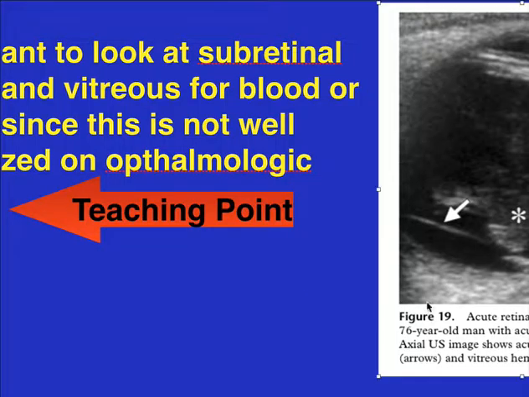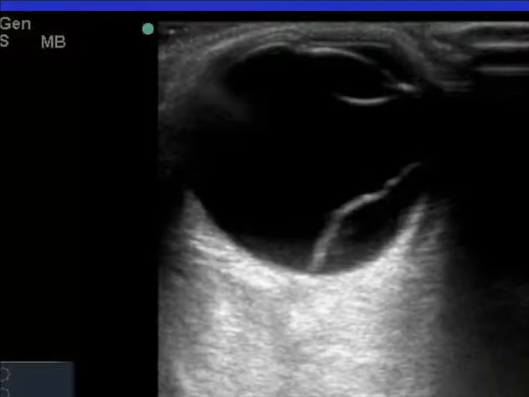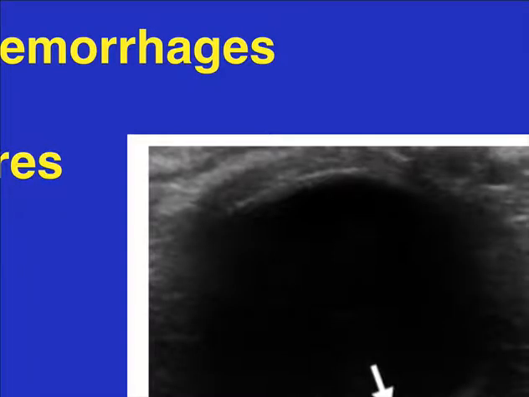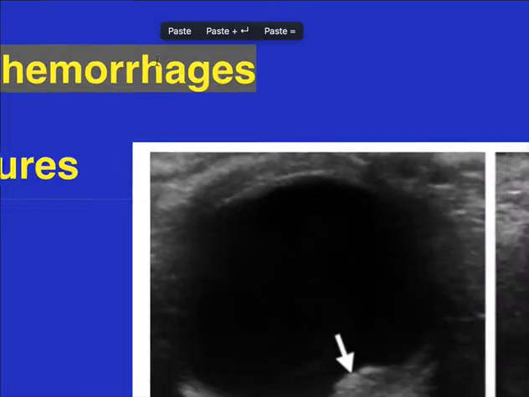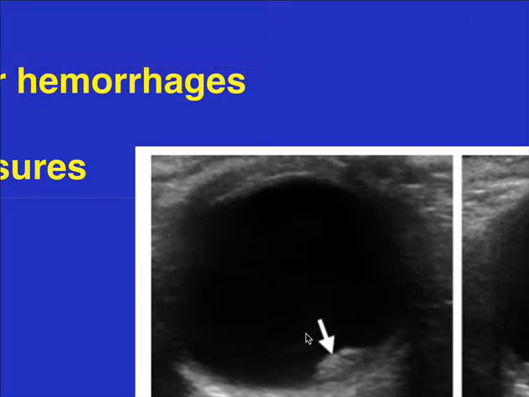You can see here. Here's a retinal detachment. You can see this is the retina, and then you can see a retinal detachment right here. Here's a hemorrhage, here's a mass.